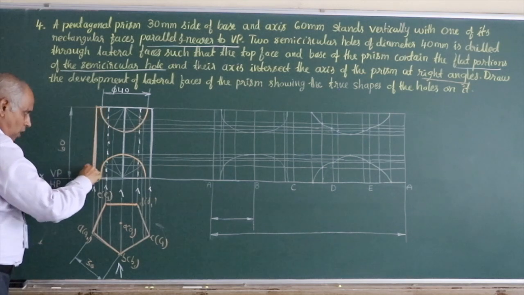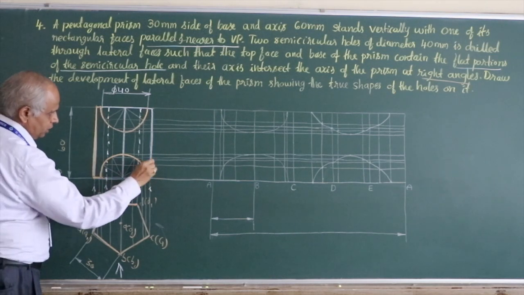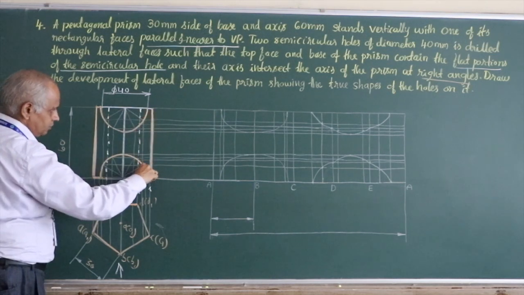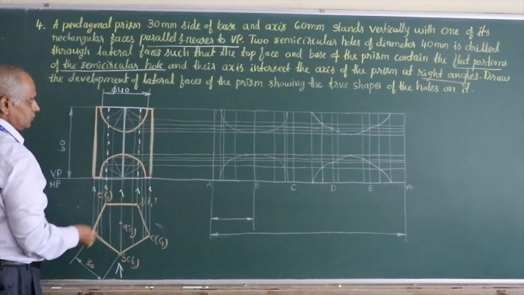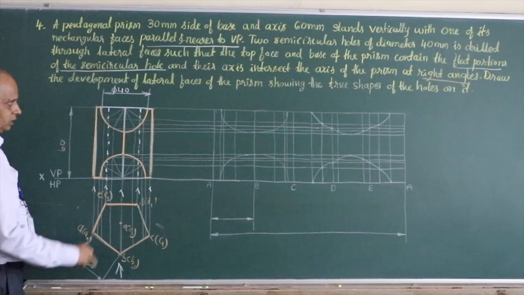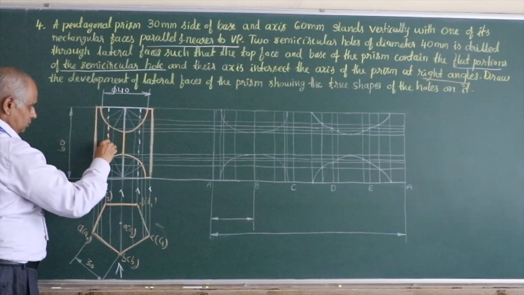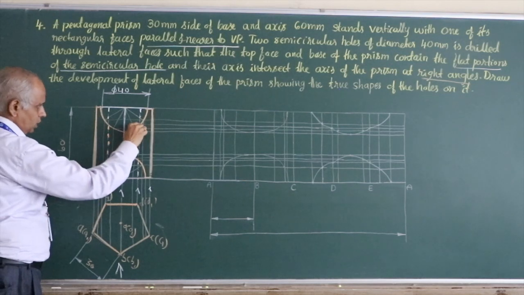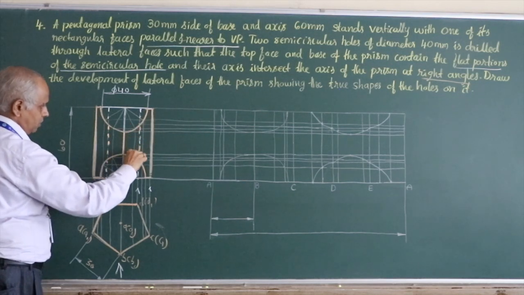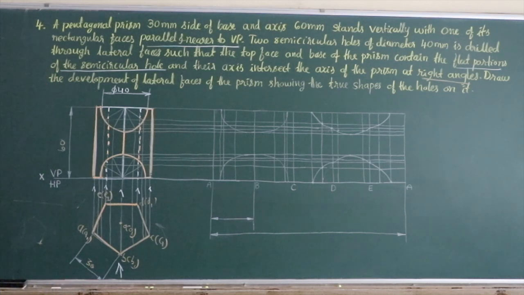This is the retained part. Up to here it is retained, up to here, here, and here. This is the retained vertical edge. These portions are removed, and this is an invisible vertical edge. Only this portion which is retained, you should make thick. Visible is continuous, invisible is dashed.